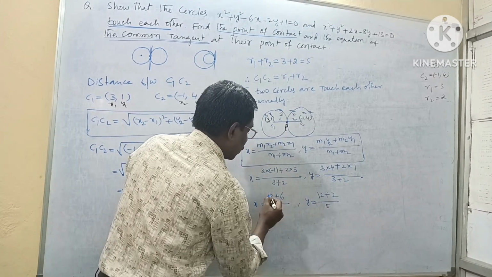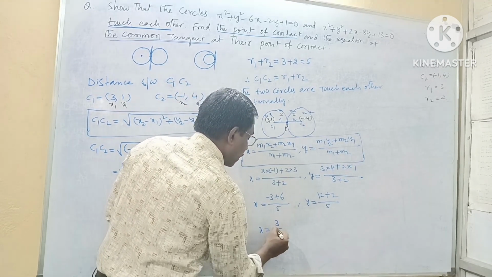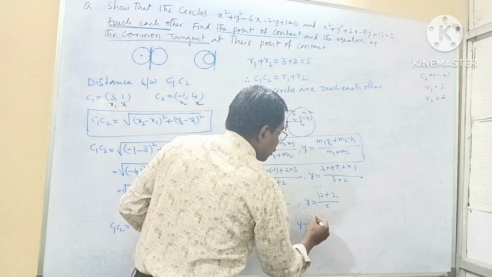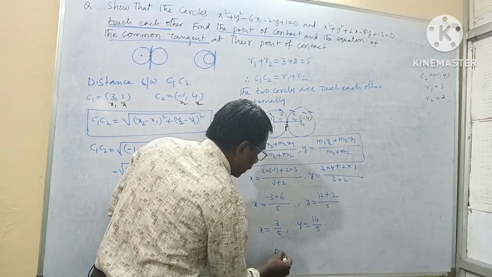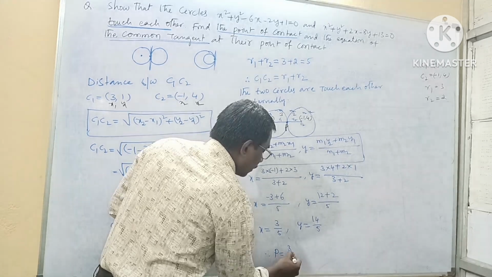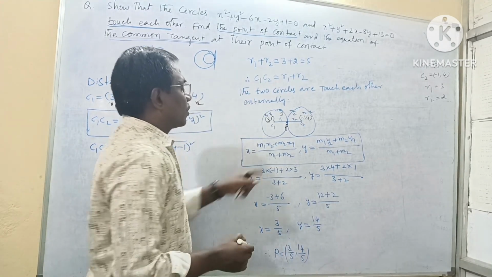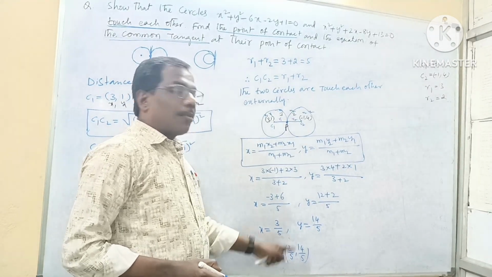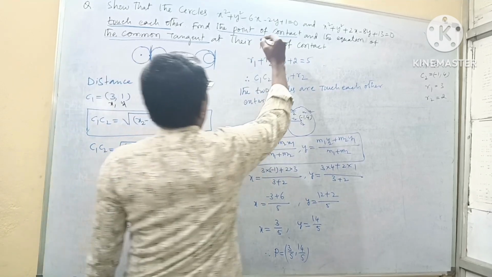X is equal to minus 3 plus 6 is 3 by 5, and y is equal to 12 plus 2 is 14 by 5. Therefore, the point of contact is (3/5, 14/5). So the point of contact is finished.